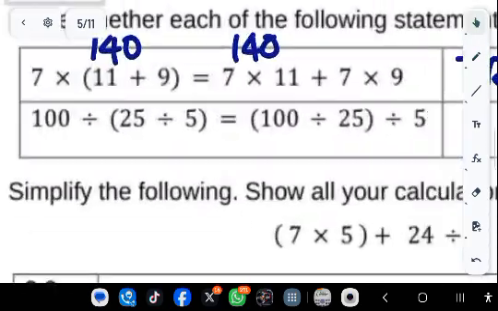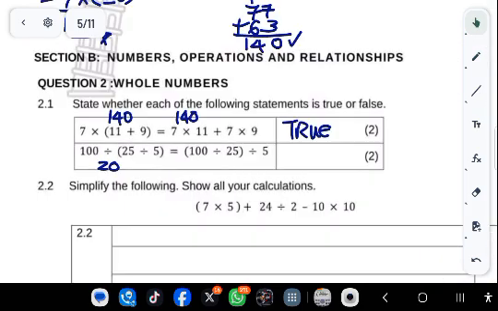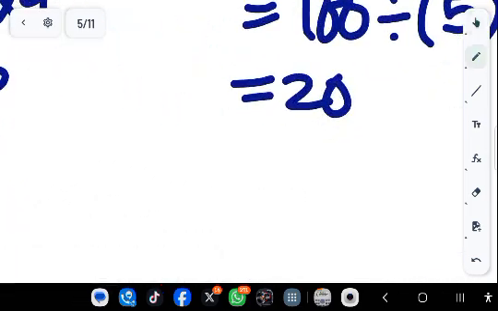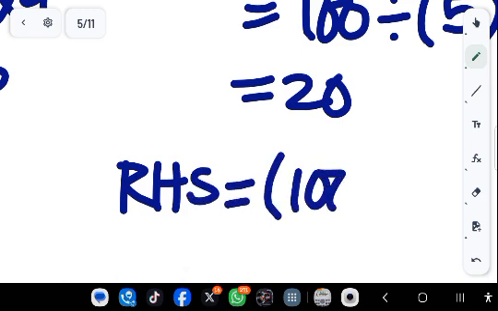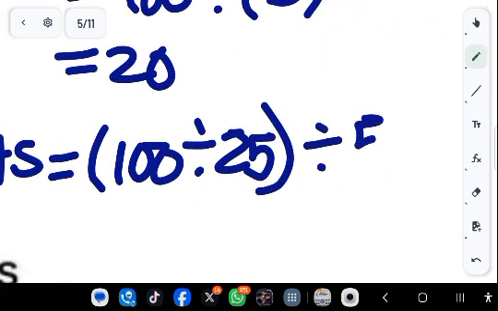You can use a calculator to check the answer if you want to. And on the right hand side, let's see, 100 divided by 25 divided by 5. So on the right hand side, we've got in bracket 100 divided by 25, and then outside the bracket we've got all of that divided by 5. Let's see, 100 divided by 25, that is 4.